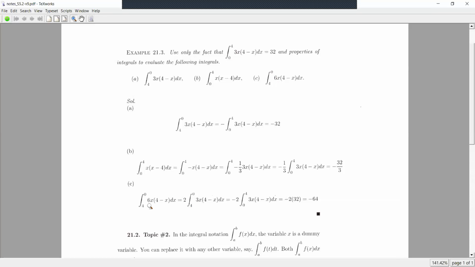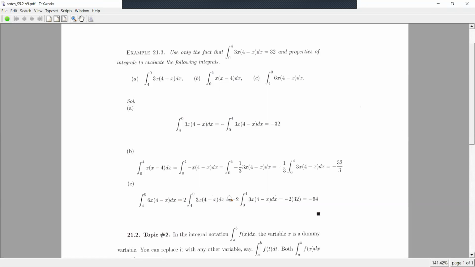Okay, first, 6 is 2 times 3. Let me take the constant 2 outside the integral to get this equation. Next, I switch 4 and 0 by adding a negative sign.